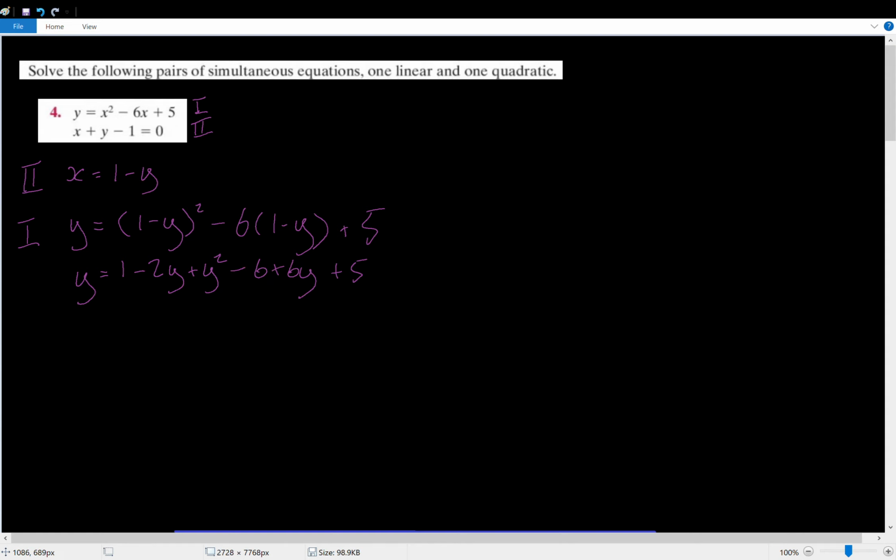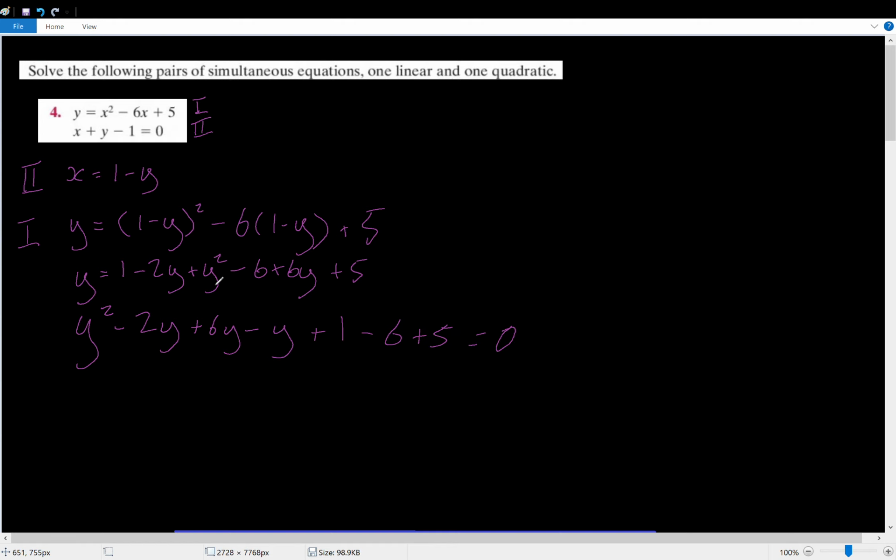Then we're going to get that all to the same side of the equals, so we bring our y over, and we have y squared minus 2y plus 6y minus y plus 1 minus 6 plus 5, and that's all equal to 0.